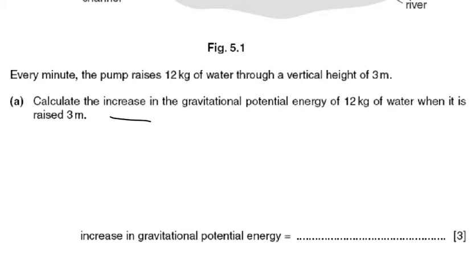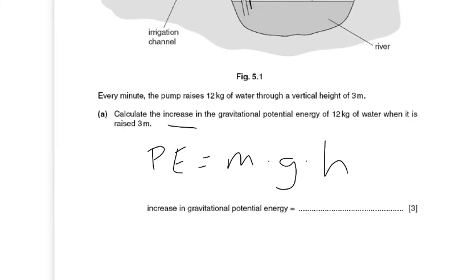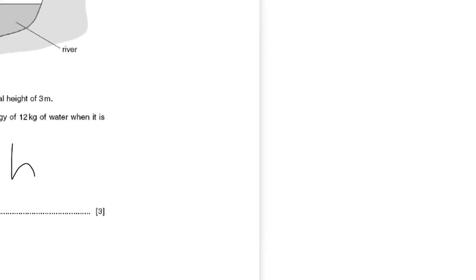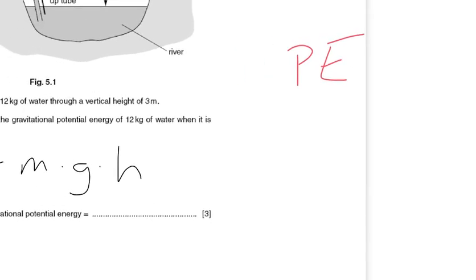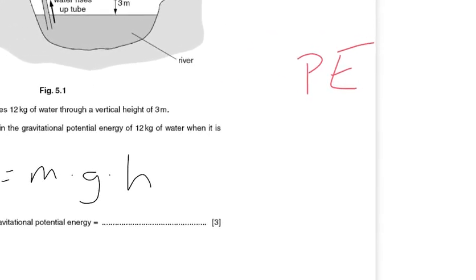You might remember the potential energy formula: mass times g times h. Let's get a little bit more space to work here. I'm going to slide off to the side, and we'll do our working in red. So potential energy is going to equal, we need our numbers. The mass is 12 kilograms, the height is 3 meters.